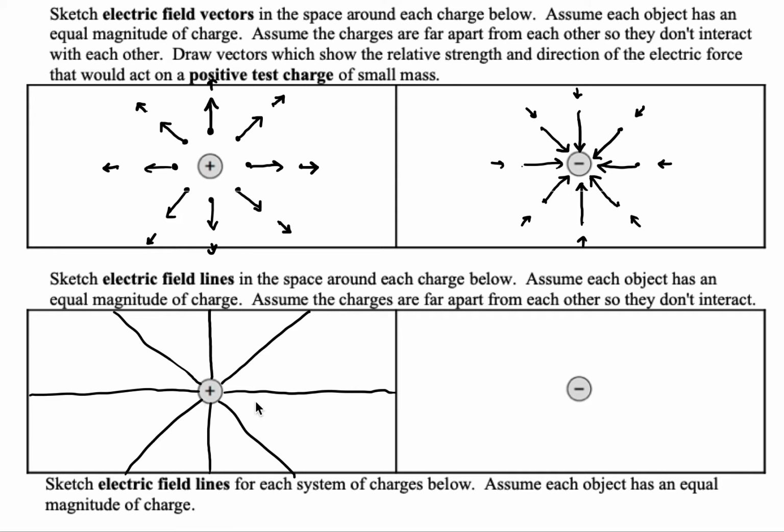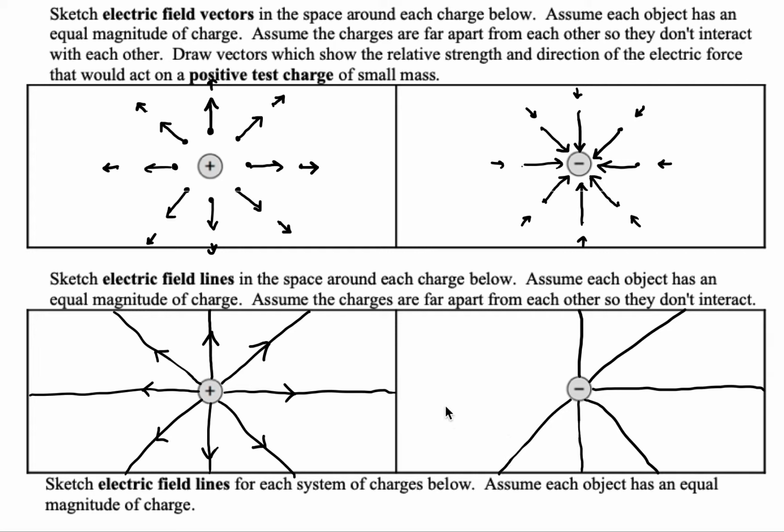So around a positive charge, the field points away from the positive charge. So we just want to show that with some simple arrows. It's a similar approach to the above, but just a little different. For a negative charge, the lines will look the same, except their direction will be switched. Field lines point in toward a negative charge.